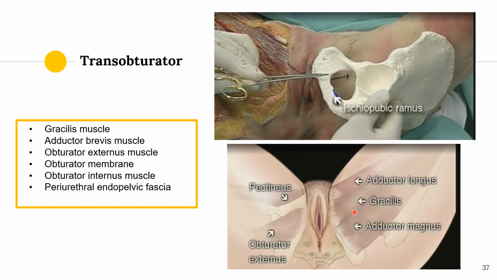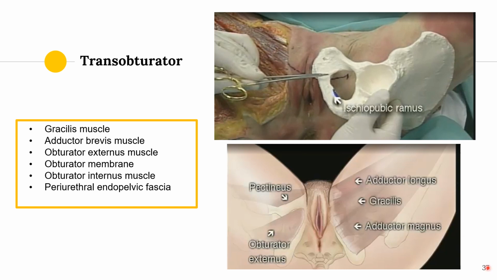Apply slight pressure because we need to pass through gracilis first, subsequently adductor brevis, which is located below gracilis, and then obturator externus, which covers our obturator foramen from outside, and then we perforate the obturator membrane.